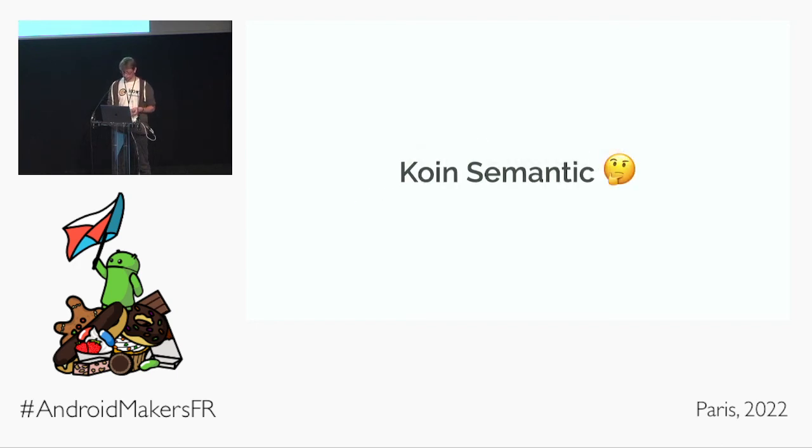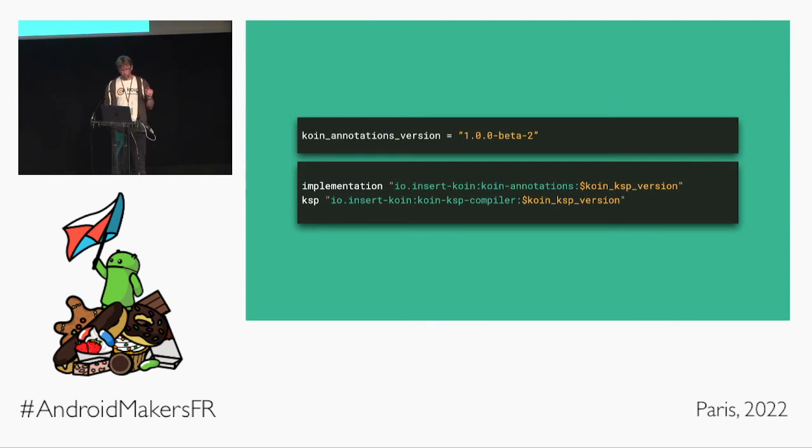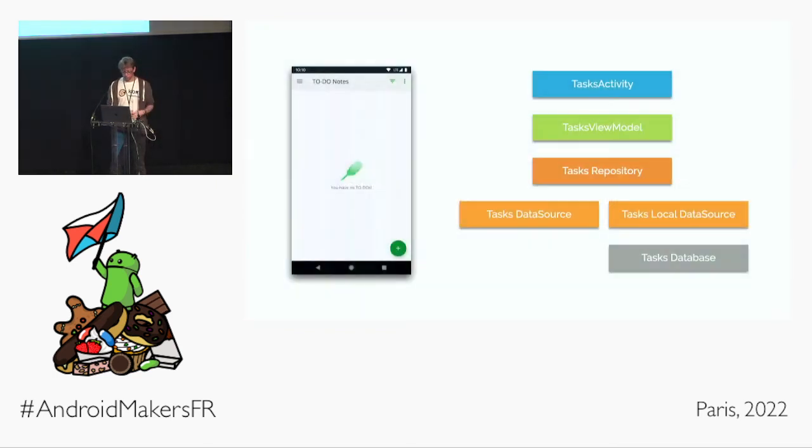Let's see how it works. It's already online and you can play with it. It's Koin annotations 1.0.0 beta 2. Look at the insert-koin.io website for the dedicated setup information for KSP, because you need to configure KSP to generate the code.